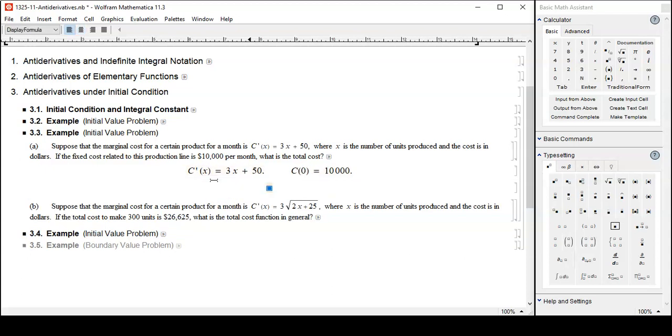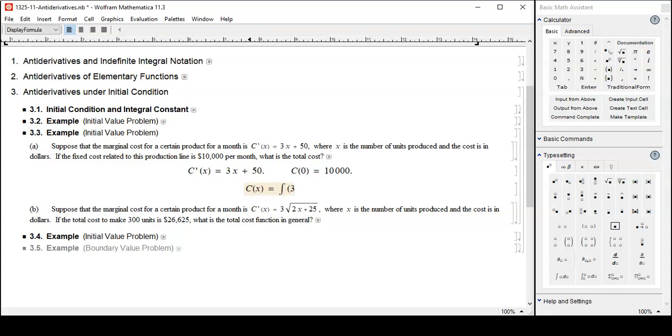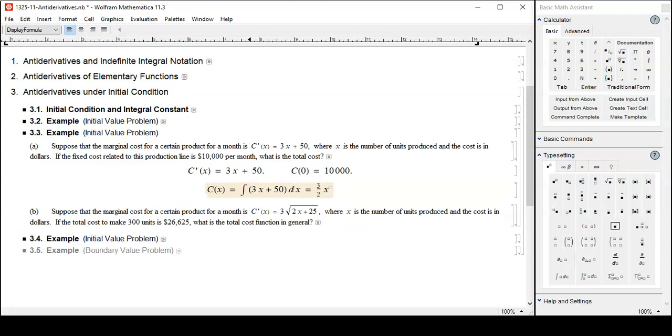So how do you find out your C? It's the integral of 3x plus 50. So 3/2 x squared plus 50x plus C, but oh, I don't like the C. I already used up C for cost, so let me find another character. K for constant. And then I can determine k using the initial condition.